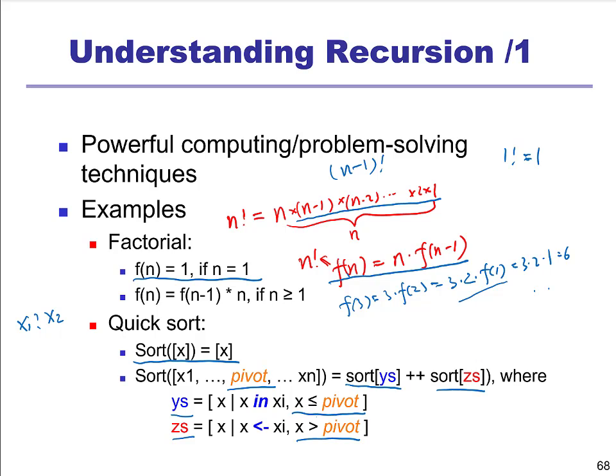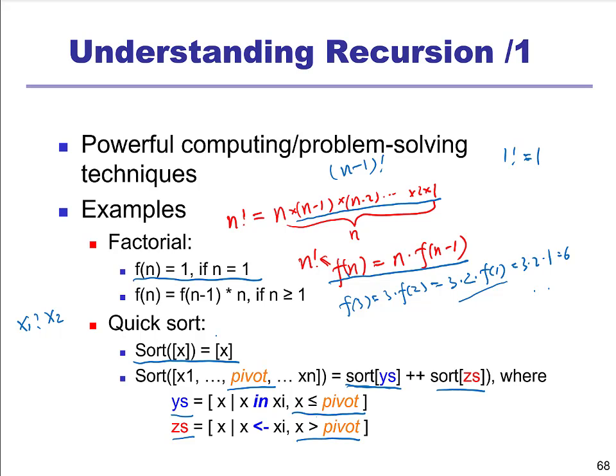Okay, and in order to sort ys, or zs, we can recursively apply this quicksort function until we reach the base case. I think these things have been introduced in other courses, so I won't go very deep.